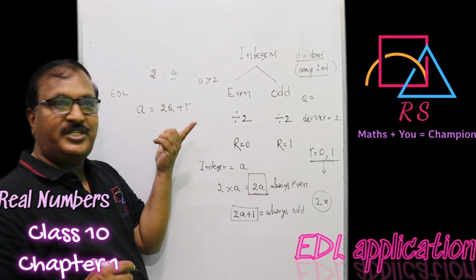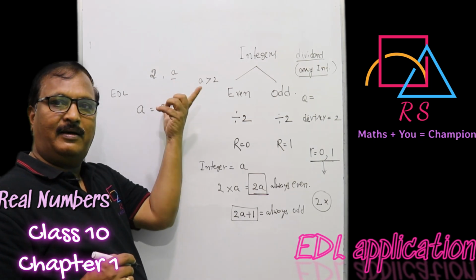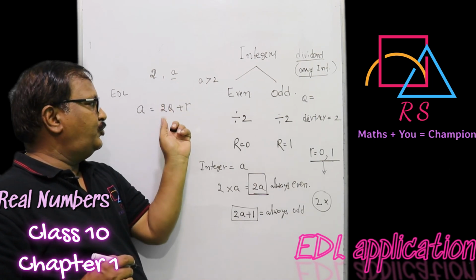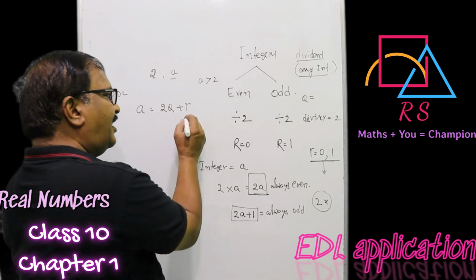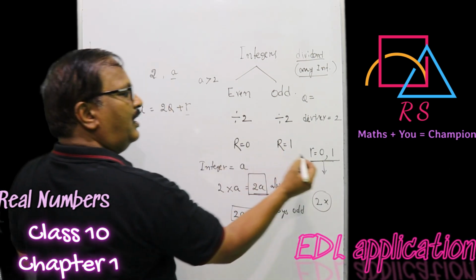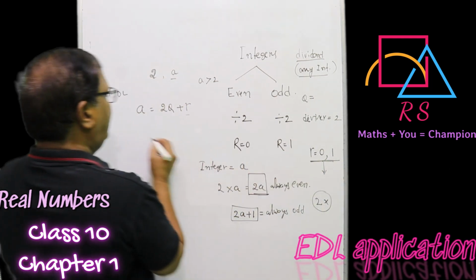So Q is quotient. Quotient depends on the size of A, the magnitude of A. So 2Q plus R. Then what are the R possibilities here? Because the divisor is 2, R possibilities are 0 and 1.